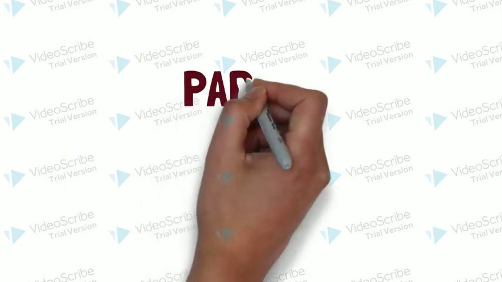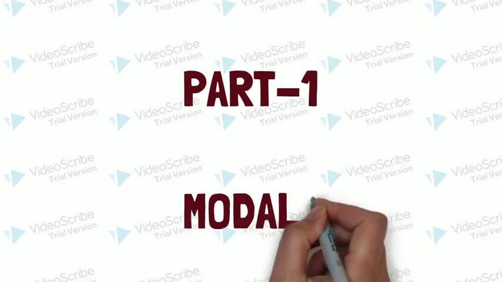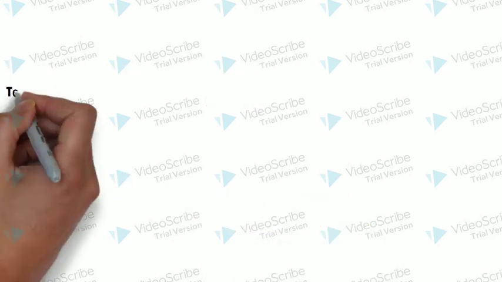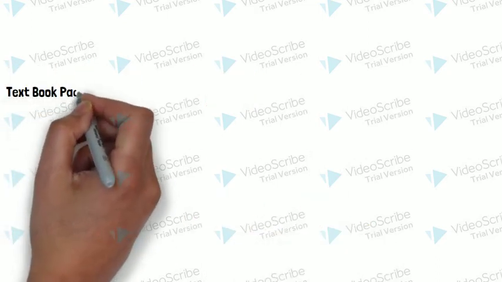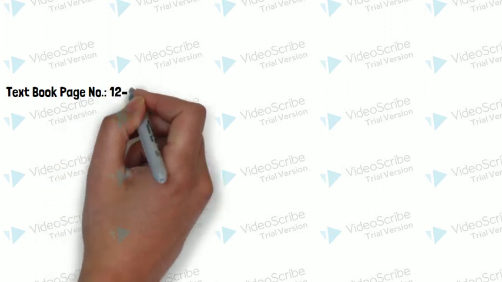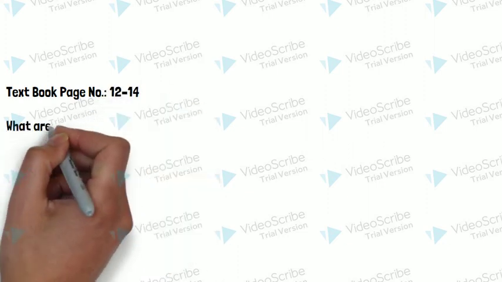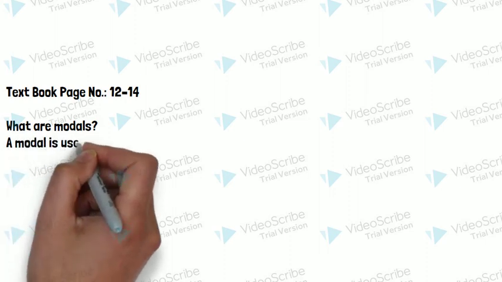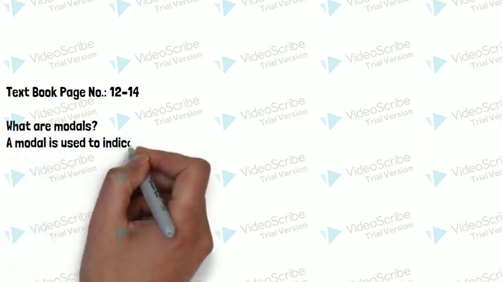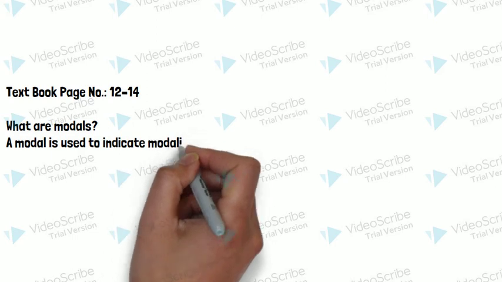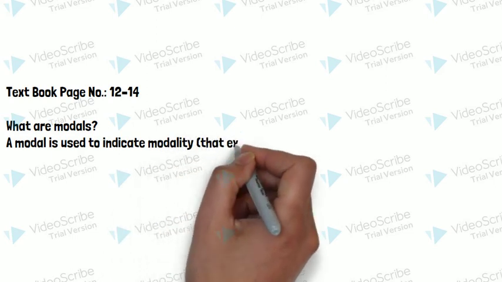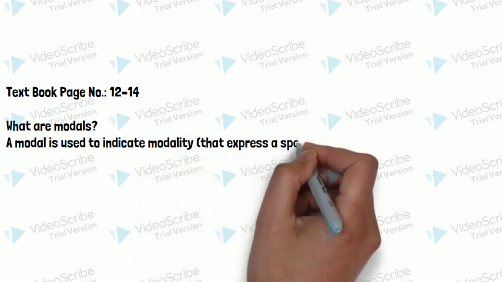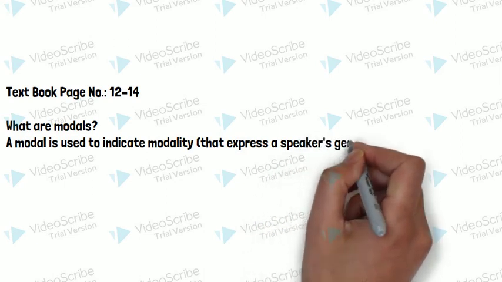Part 1: Modals. In your textbook, page numbers 112 to 114. So what are modals? What do you know about modals? A modal is used to indicate a modality that expresses a speaker's general intention.